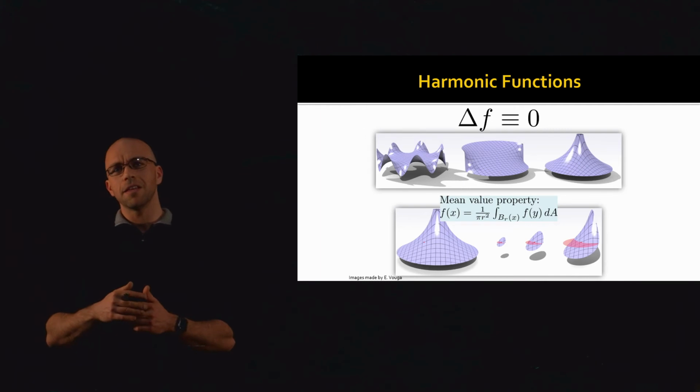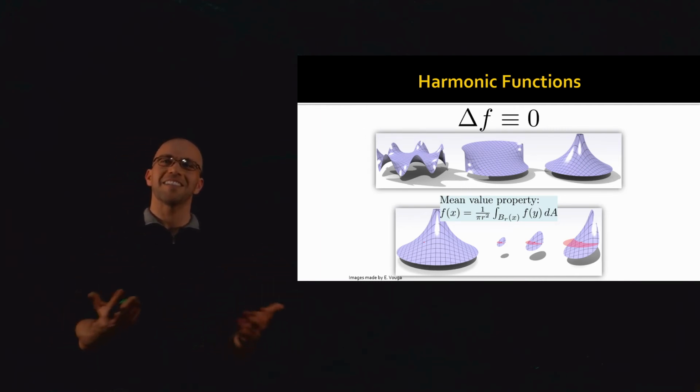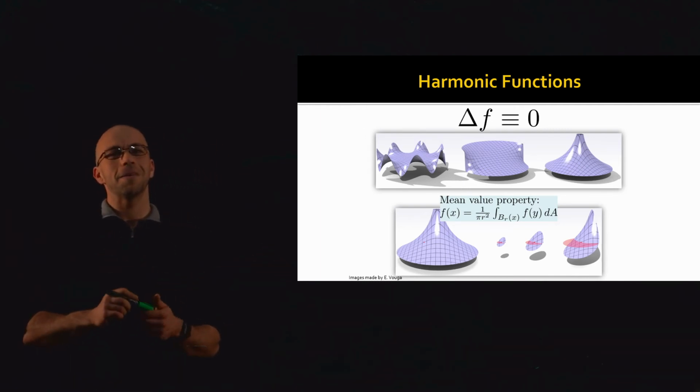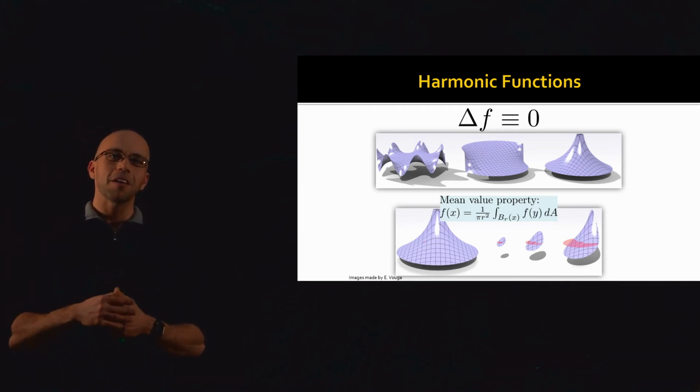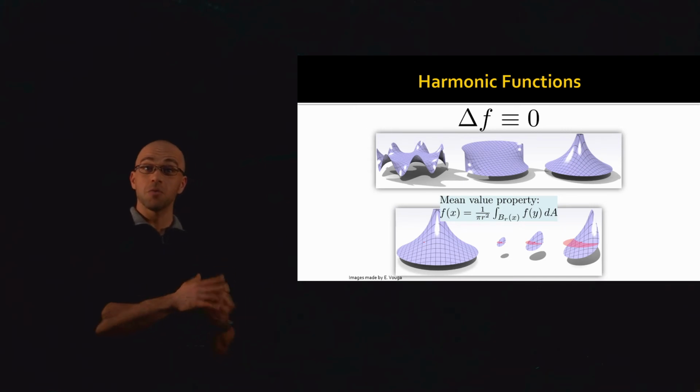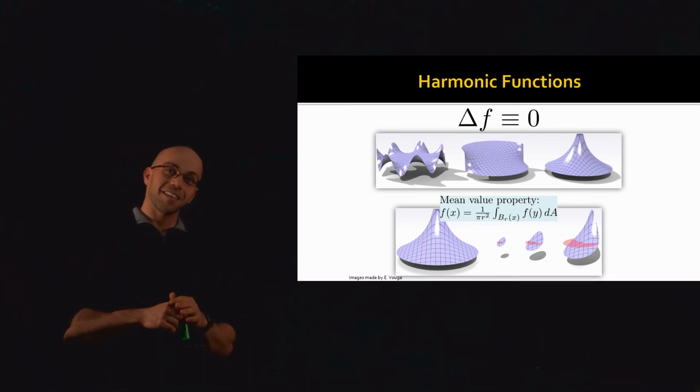And the harmonic functions satisfy all kinds of super nice properties, right? They interpolate the boundary data in a nice smooth fashion. They also satisfy something called the mean value property, which is actually kind of interesting.